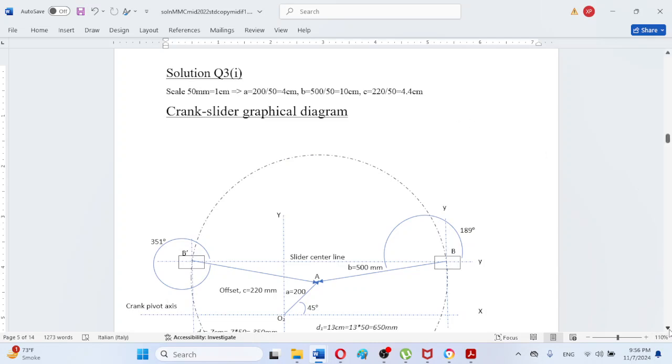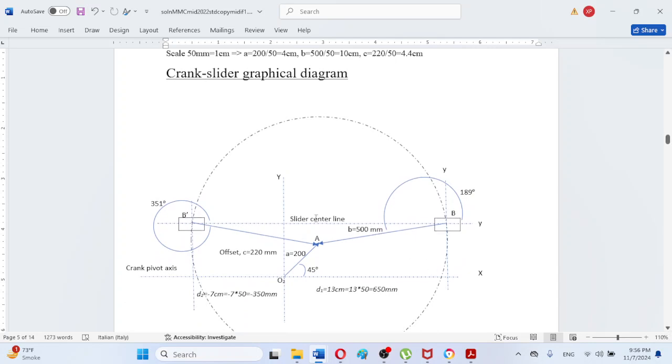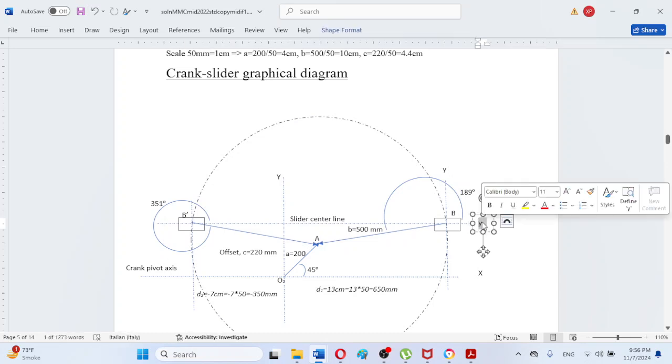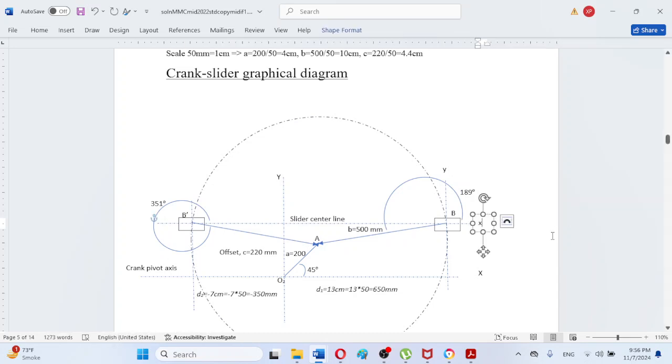In this manner the slider axis, and here according to the book I have mentioned at point B the local coordinate system, which is small xy system, and whose origin is at the slider location.